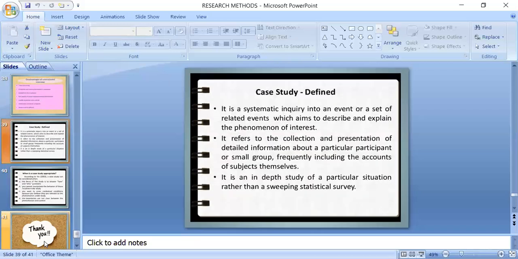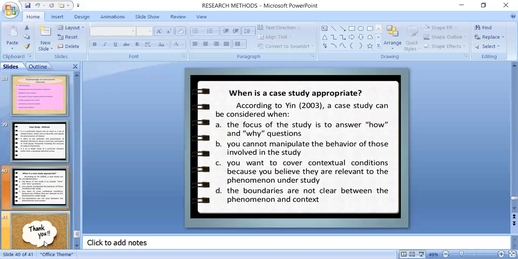The procedure we use, which we label a case study, is basically used for a small group, not for a particular individual. When is a case study appropriate?